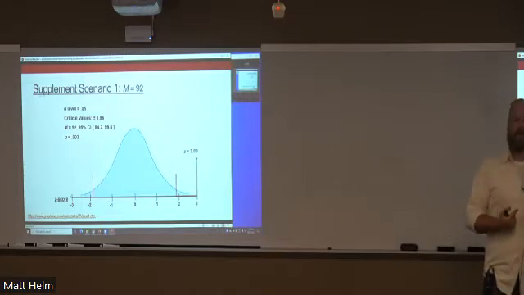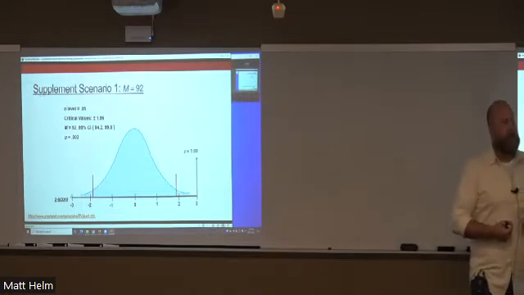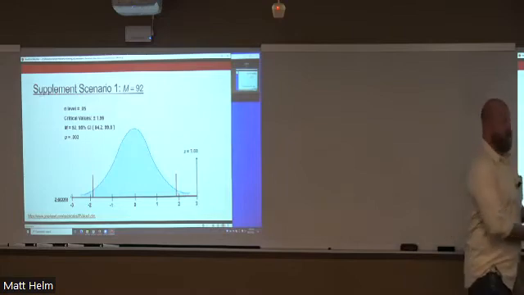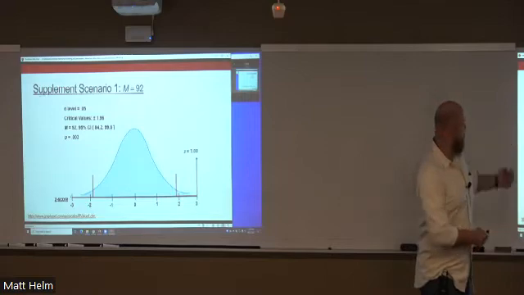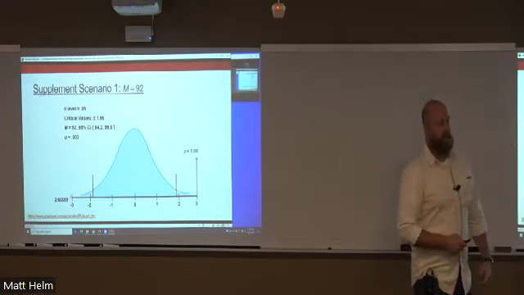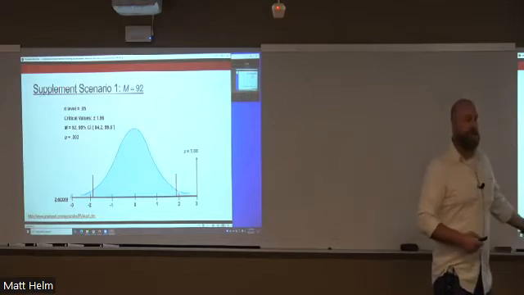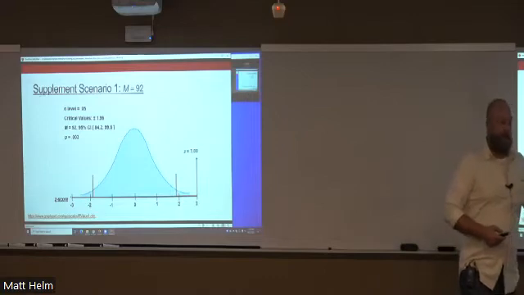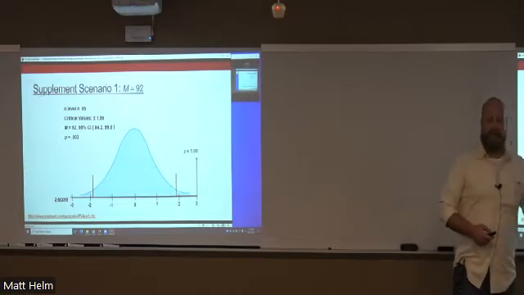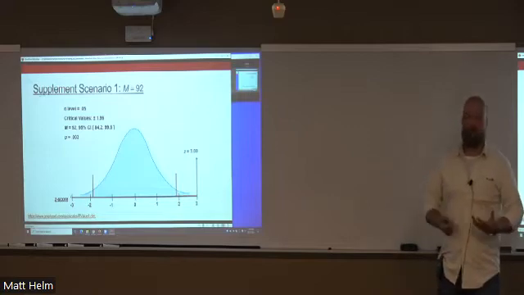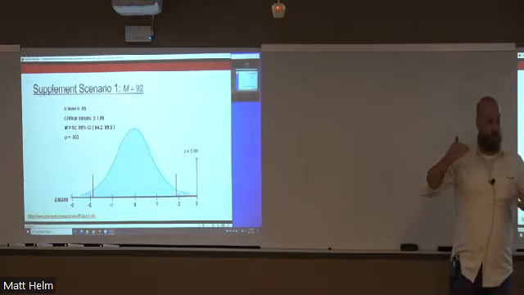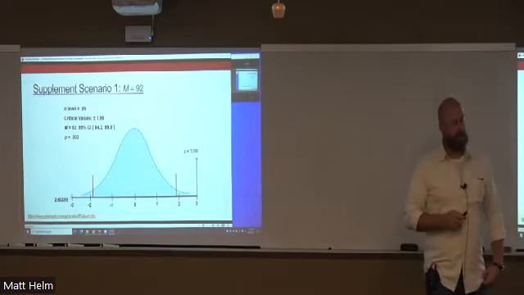The null value, in this case a population mean of 80 under the null, is not consistent with the data. It's not plausible given the data. It's not supported by the data that we've observed. I'm not saying that it couldn't be that. I'm just saying the data that I've got doesn't support that as a reasonable value within the rules that I've set up here.